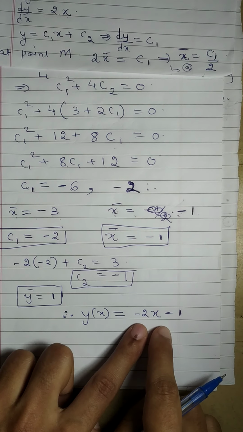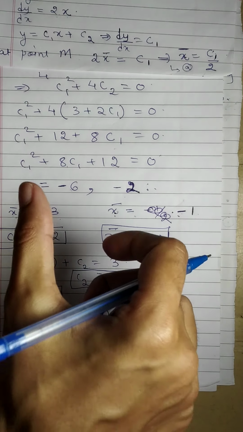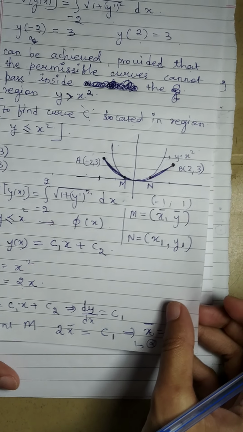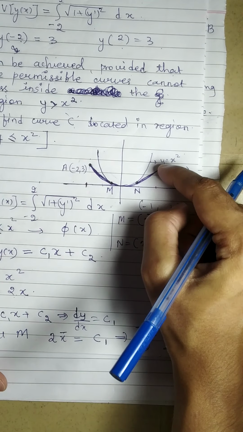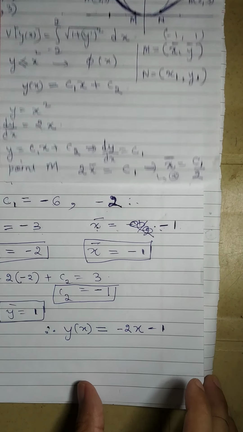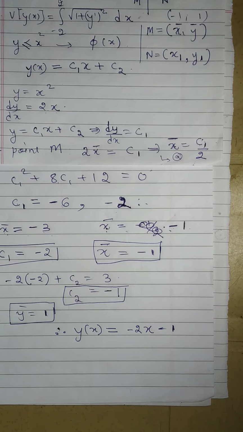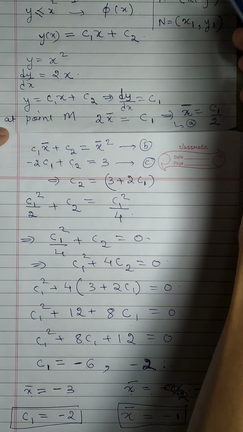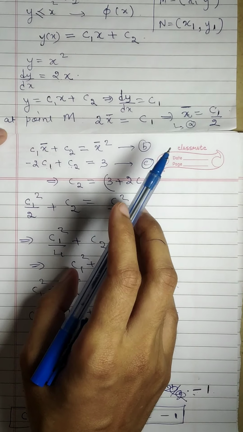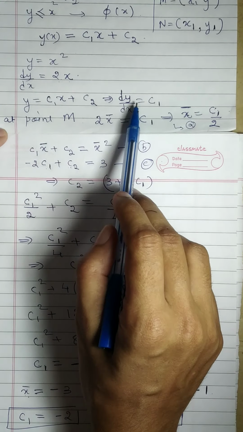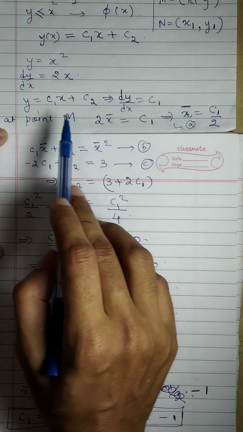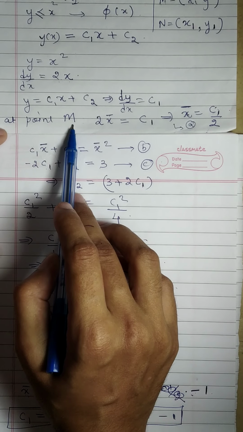This we have found only for the portion that is A to M. Similarly we can do it for the portion B to N. To obtain the equation for the portion B to N, similar steps should be followed, and the equations will remain the same, but instead of considering the point M, you will have to consider the point N.